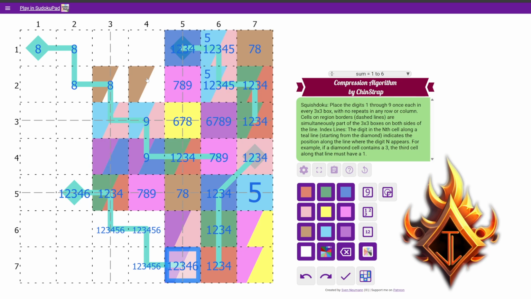Okay. Where's the other? Oh, right here. Yellow and dark purple can still be 6. That means 6 is in this row here, or whatever that's worth. Is that worth anything?